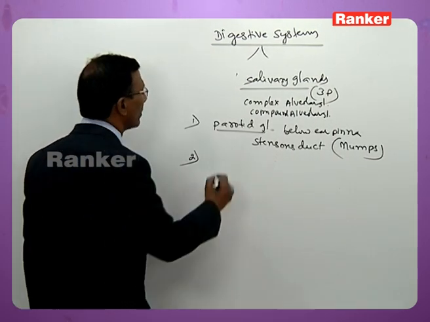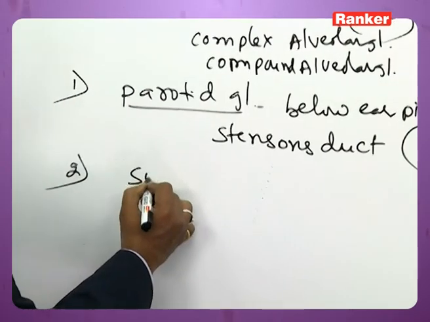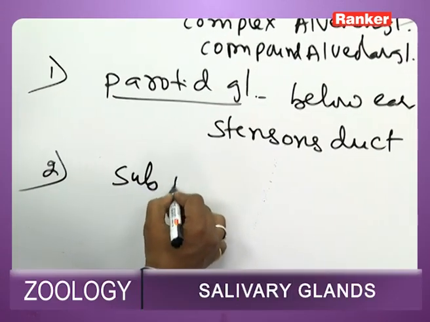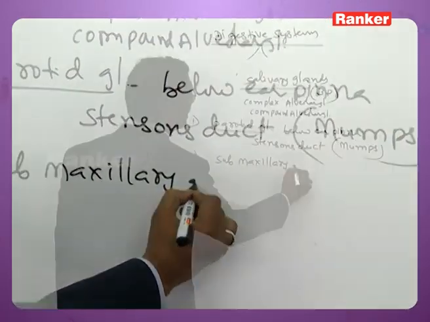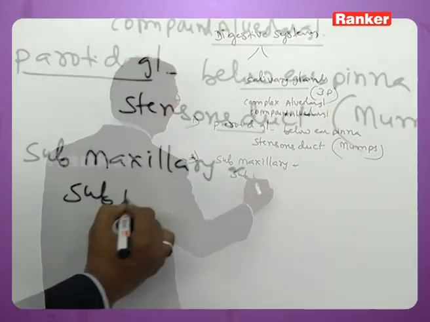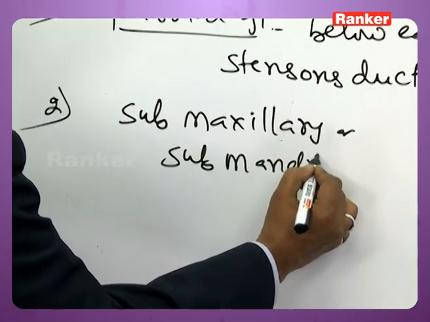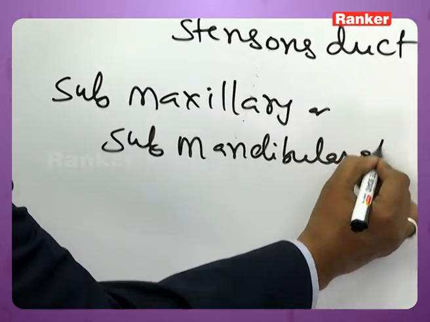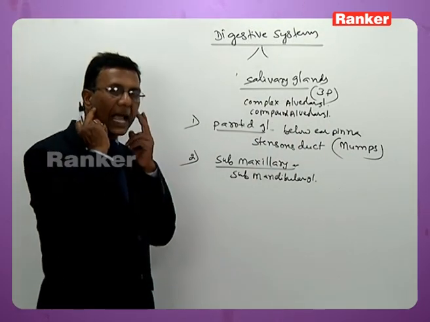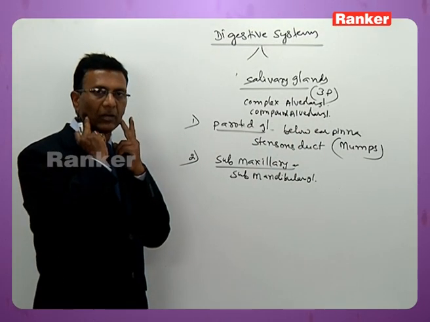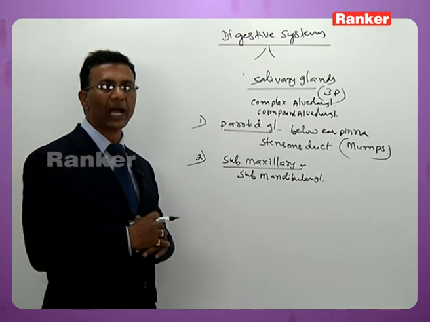The next one is the submaxillary or submandibular glands. Submaxillary and submandibular glands are at the angles of the upper jaw and lower jaw, at the junction of the upper jaw and lower jaw.